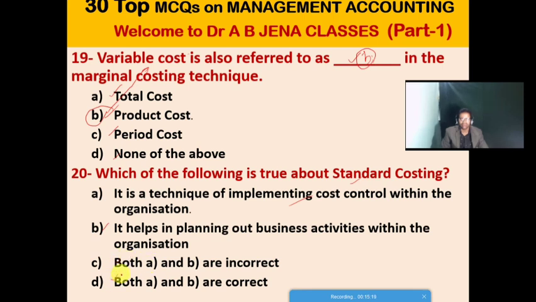D, both A and B are correct. So friends, here A is the right option for this MCQ. Standard costing is a technique of implementing cost control within the organization is the true statement about standard costing.